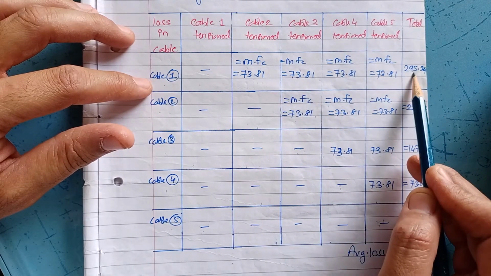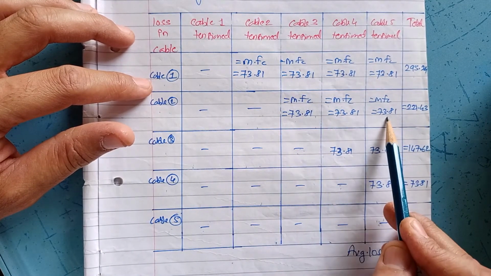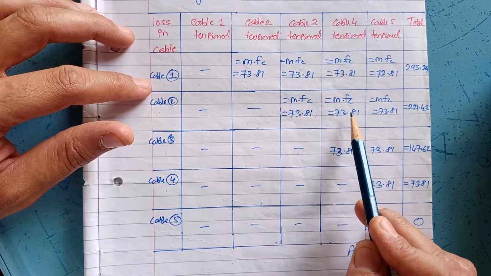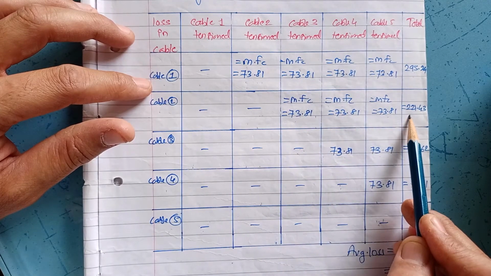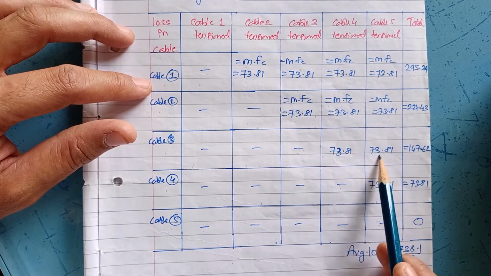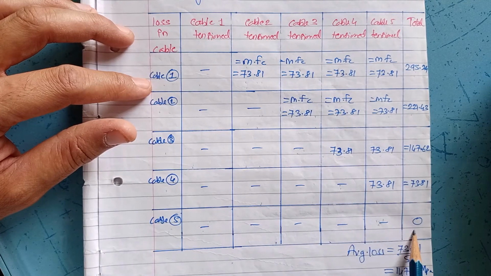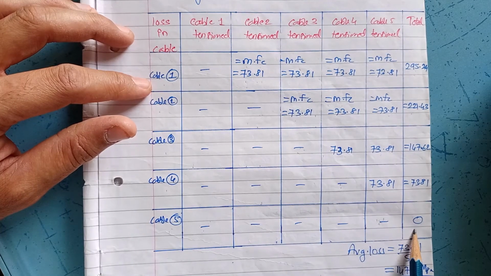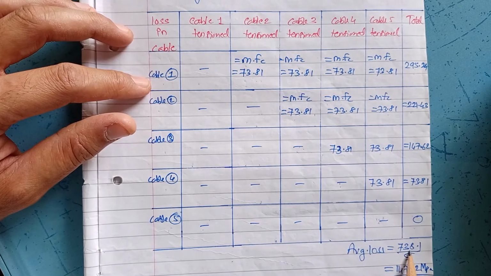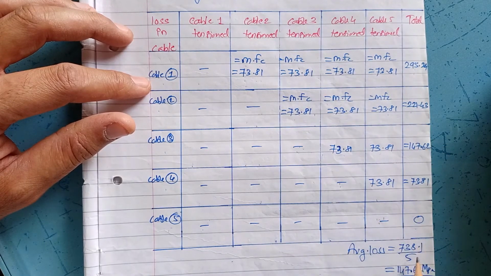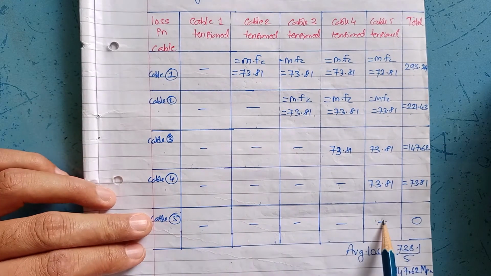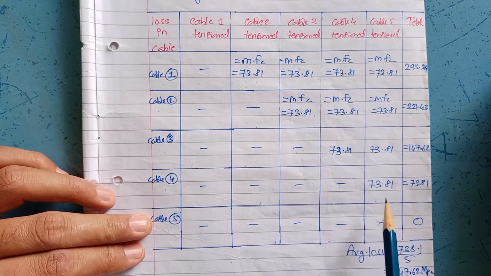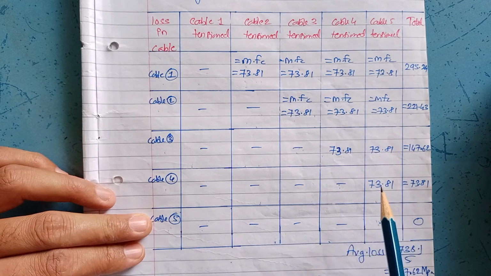It is 295. The total of these 3 losses, that is loss in cable 3, 4, 5, will be this one. Similarly, we are writing totals here, and at the end, when all cables were stressed, this is the addition of total loss. That is, when the fifth cable was tensioned, losses have occurred in the first 4 cables.